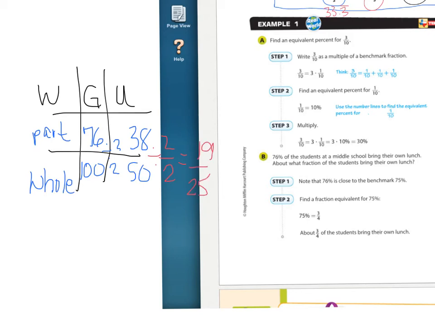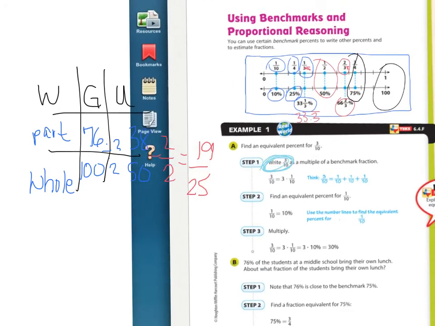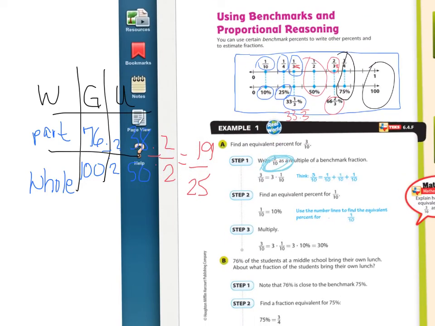But, you guys, we did a bunch of work for nothing because this says about. About what fraction? So we can move up here to our little table with these benchmarks. 76% is about what? It's about this 75 right here, which is exactly 3/4.